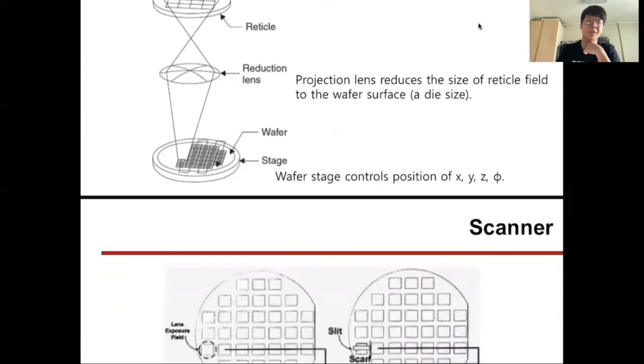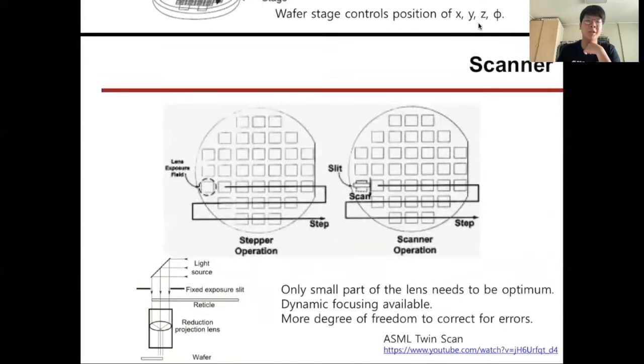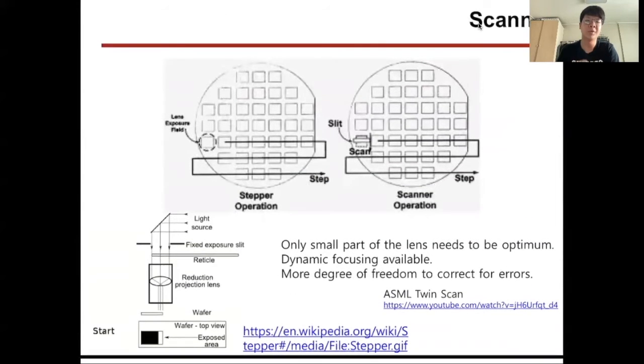So nowadays, we use the scanner method. In the scanner method, the reticle and the wafer move in opposite directions, like a convolution sum, so that it can be more aligned.